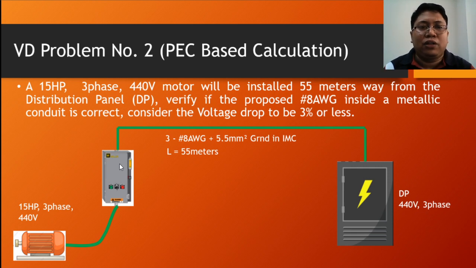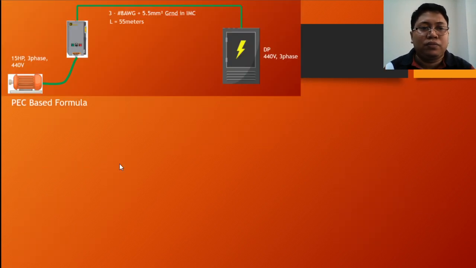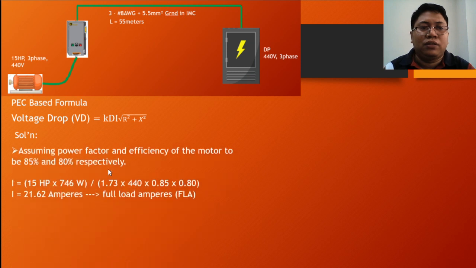Let's try to calculate now. Using the PEC base formula pa rin kanina, assuming tayo ulit 85% yung power factor and then 80% yung efficiency. 15 multiplied by 746 divided by 1.732 times 440 multiplied by 0.85 multiplied by 0.8.